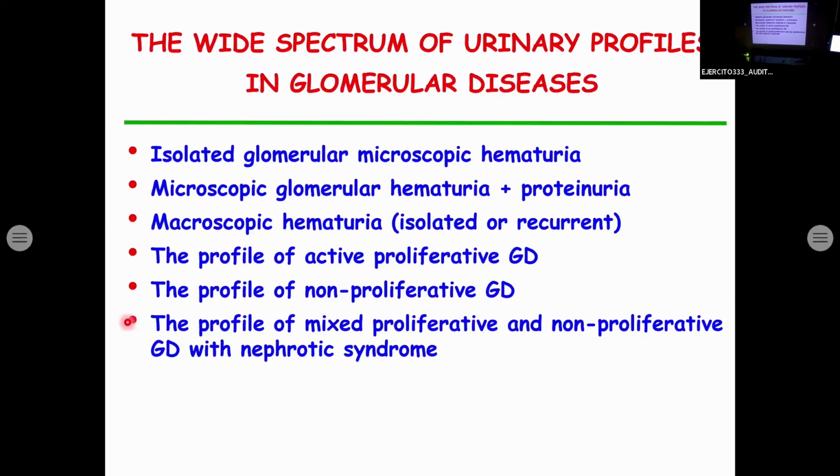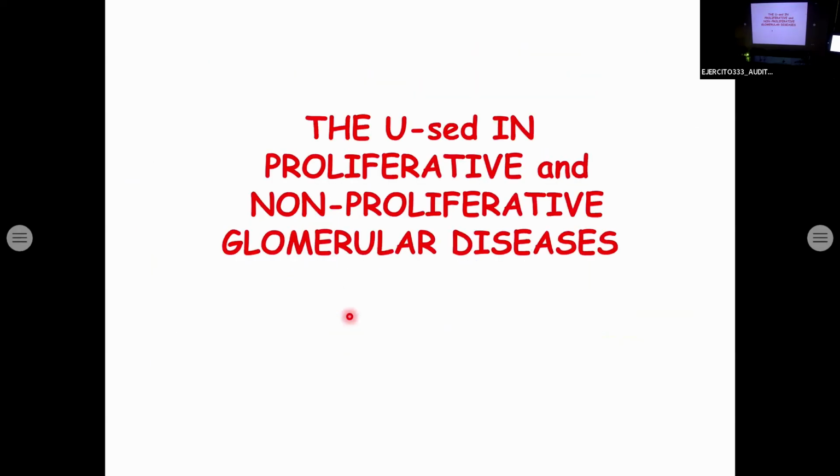And we may also have a profile of mixed proliferative and non-proliferative glomerulonephritis with nephrotic syndrome. And now I will speak about the proliferative profile and the profile of non-proliferative glomerular disease.